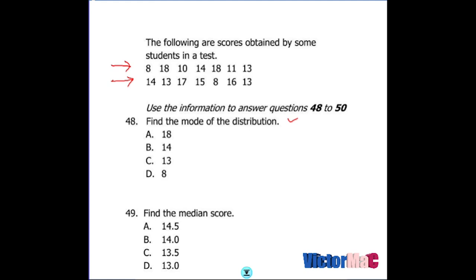Number 48 says find the mode of the distribution. We can use two methods, probably the tabular approach, but since we don't have a big set of values to deal with, we can just rearrange the numbers in order of magnitude. So let's go. We have 8 twice.